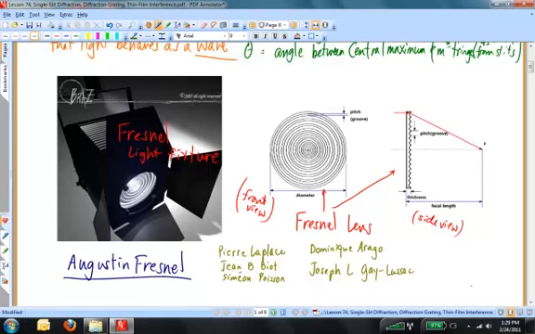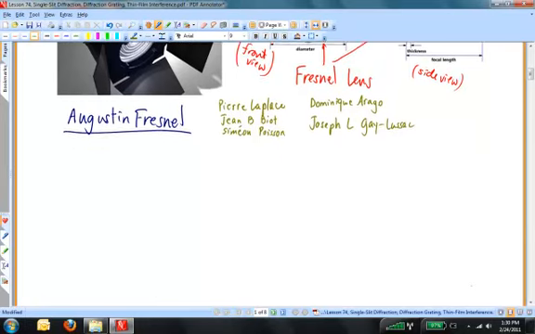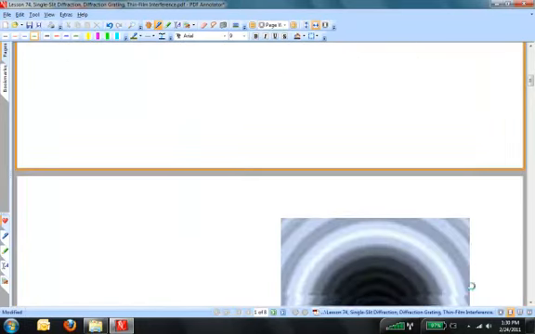Poisson, a member of the judging committee for the competition and a severe critic of the wave theory of light, used Fresnel's theory to deduce a seemingly absurd prediction that a bright spot should appear behind a circular obstruction, a prediction he felt was the last nail in the coffin of Fresnel's theory. However, Dominique Arago almost immediately verified the spot experimentally, and that's what's seen in this figure here.